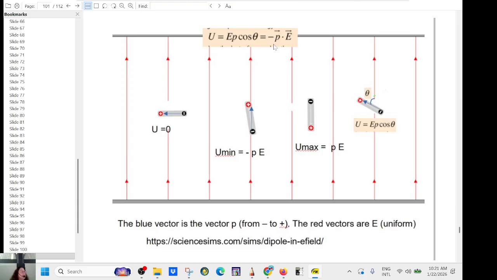No. Even if you do not have an electric field, and if you have a water molecule, you still have a dipole moment that goes from the oxygen to the hydrogen. So it's a good question. It's a vector that exists on its own. If you place a dipole inside an electric field, it will rotate, okay, to get the lowest potential energy possible, so it will align with the electric field.